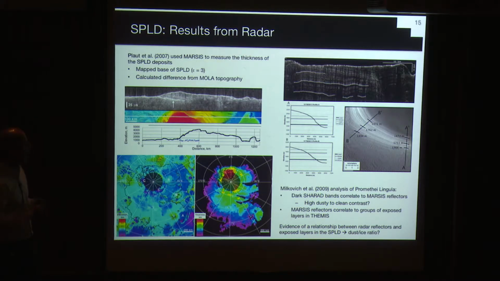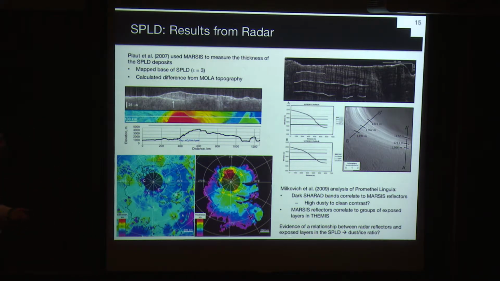And furthermore, this was the first study that took that first step to try and correlate radar reflectors to visible images by trying to tie these MARSIS reflectors to groups of layers in THEMIS. They basically measured the elevations of these MARSIS reflectors and compared them to the elevations of prominent layers in THEMIS, and found that these reflectors did roughly correlate to some of these layers.